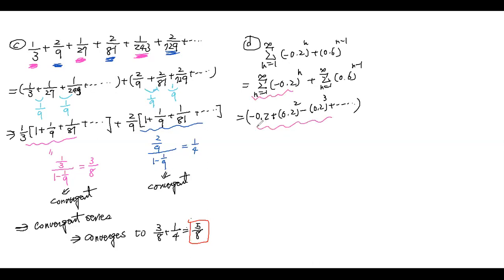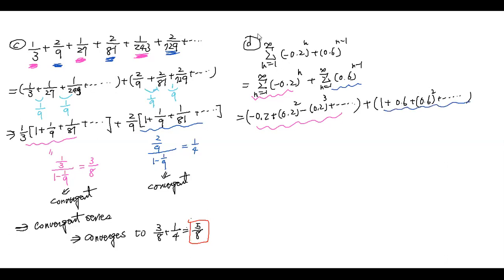Now I'm adding the second one. When n is equal to 1, you have 1 minus 1 is 0, so it's 1. N equal to 2, 2 minus 1 is 1, so it's 0.6 to the first power. N equal to 3 is 0.6 to the second power, and so on. So this is my blue one.